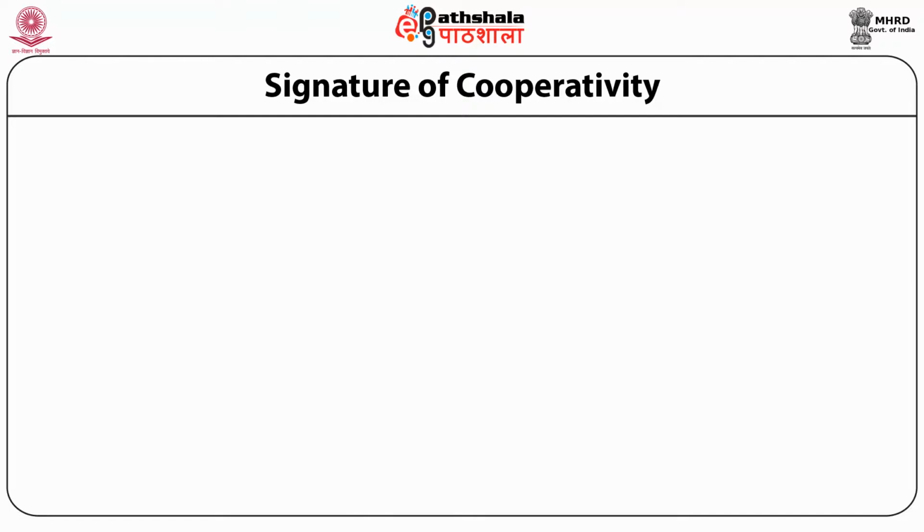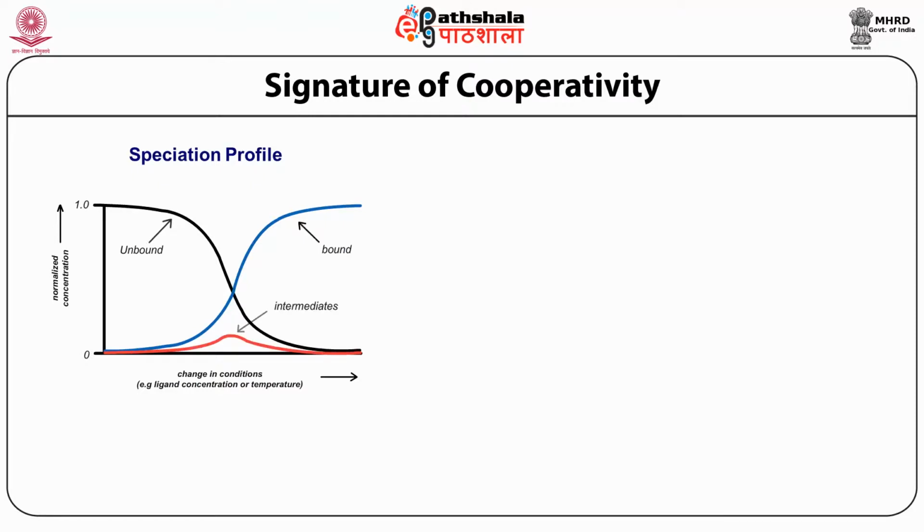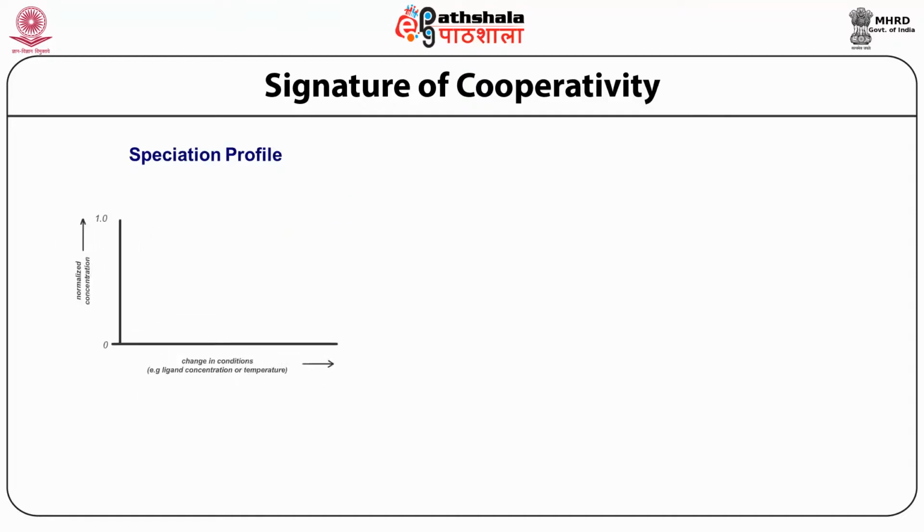If we are talking about positive cooperativity, we can look at the speciation profile, and we see that the change from unbound state to bound state is quite steep and sigmoidal in nature, whereas the accumulation of intermediate concentration is always very low.